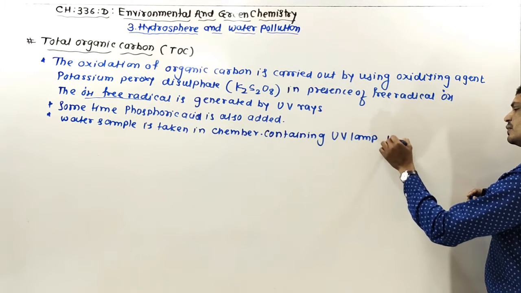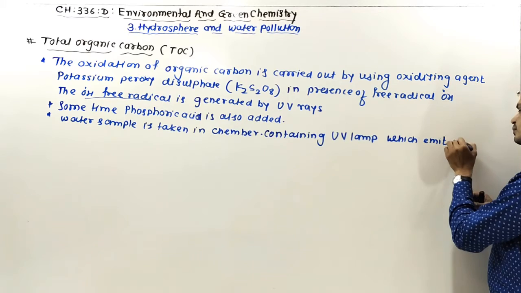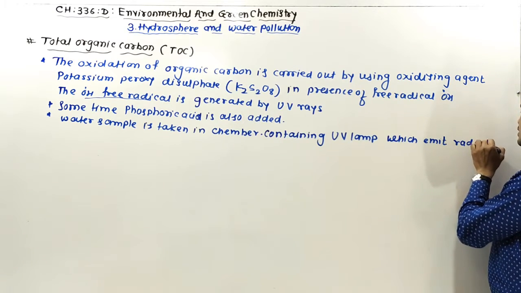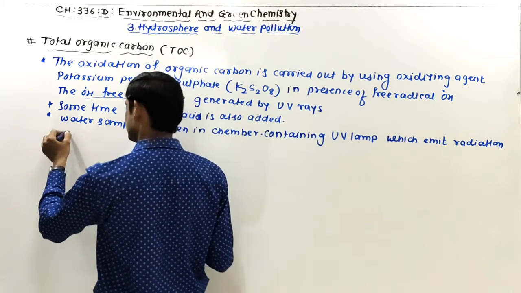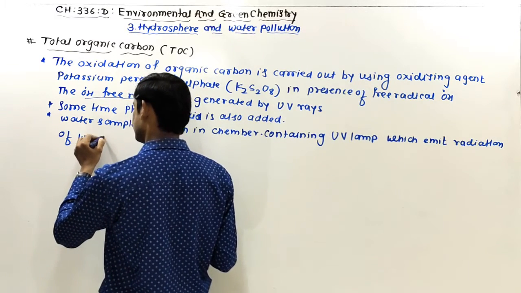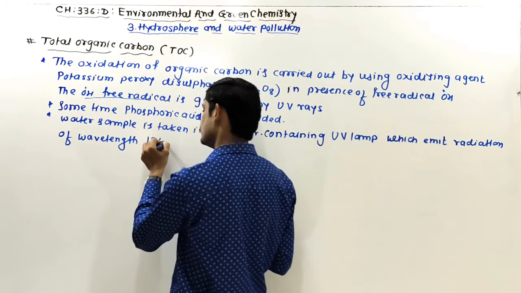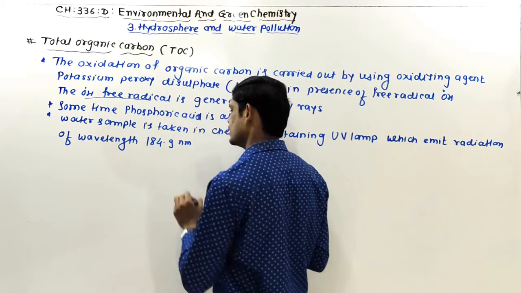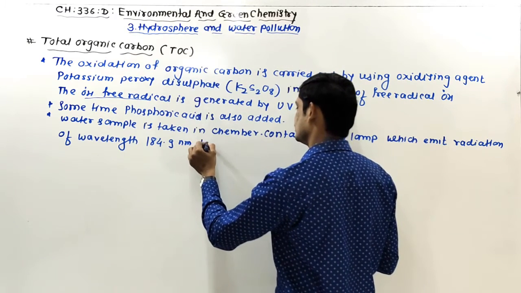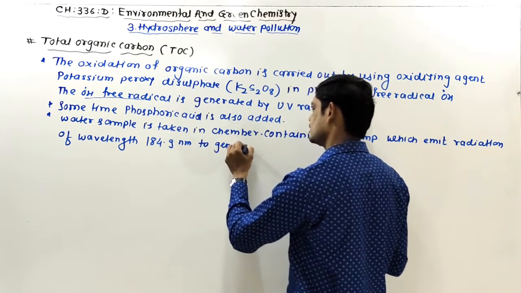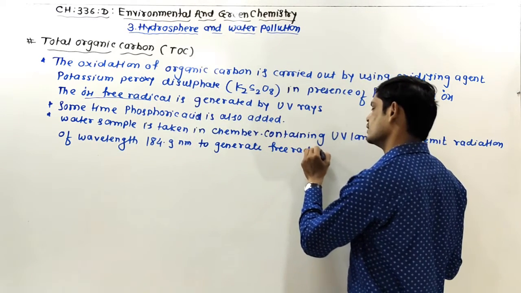The UV lamp emits radiation of wavelength 184.9 nanometer to generate free radicals.